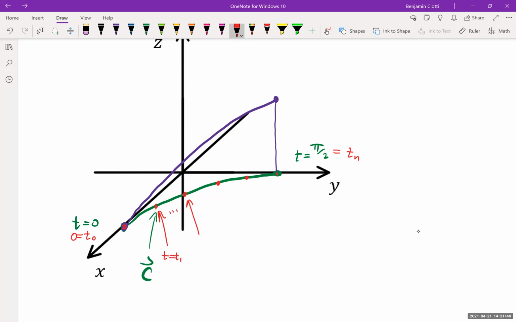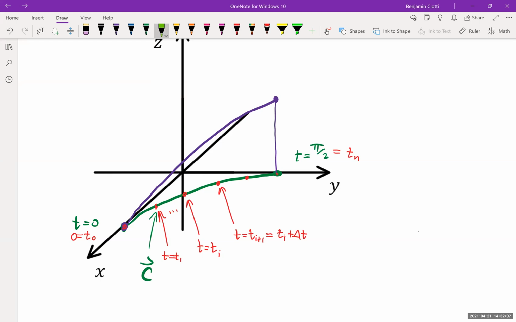And let's say that this is where t is ti, and this is where t is t sub i plus 1. In fact, I could also write that as ti plus, let's just say delta t. So we're increasing t by an amount delta t.